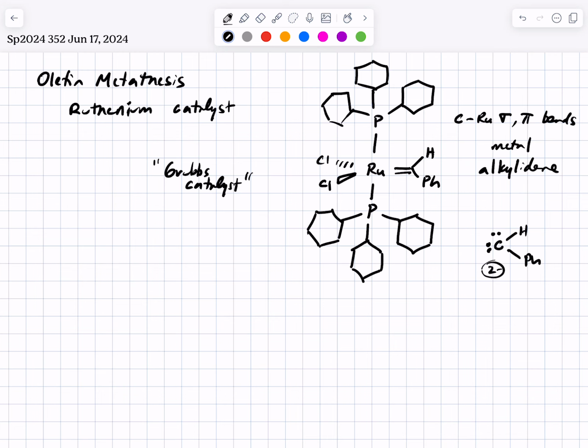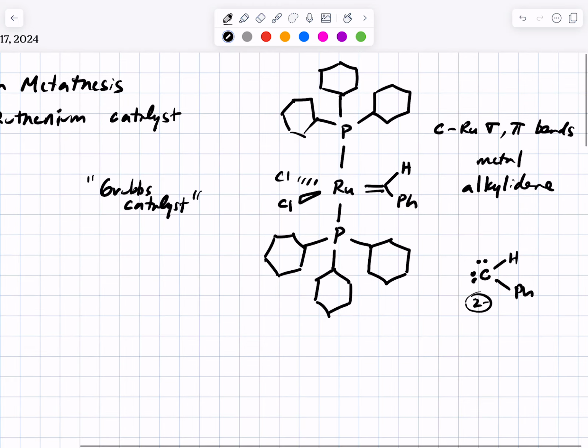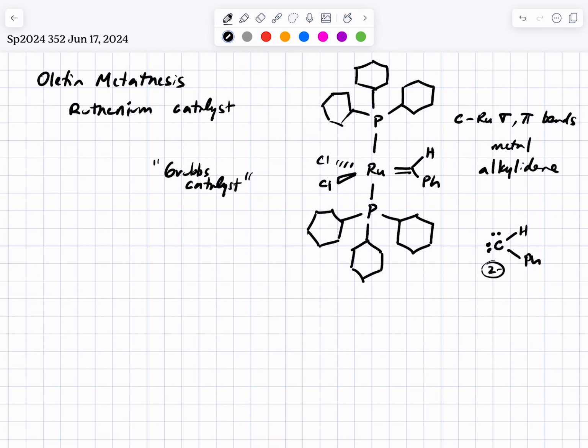We could look at this complex though and assign its oxidation state. The phosphines are both L-type ligands, and the two chloros and the alkylidene are X-type ligands.